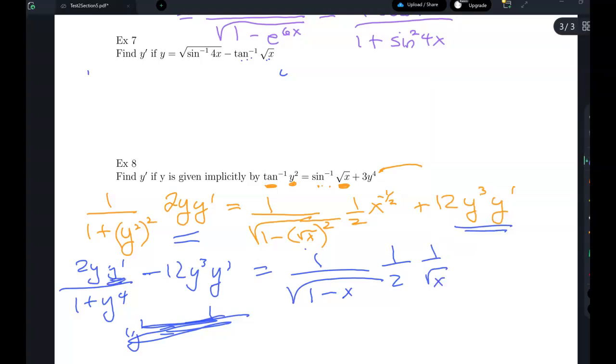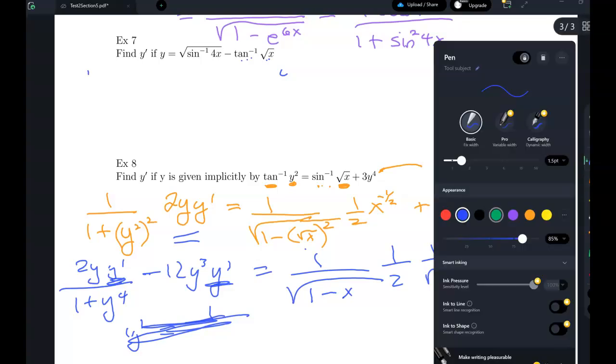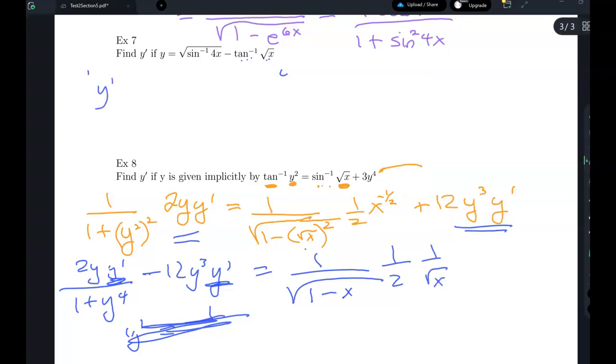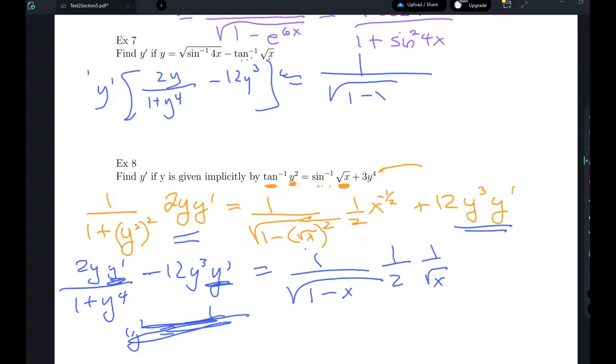So here's my y prime, and there's my y prime, right? So I'd have y prime, and then 2y over 1 plus y to the 4th, minus 12y cubed, equals all of this. So 1 minus x, 1/2, right? Put it all together in the denominator. Now I'm going to divide by that big bad boy, right?